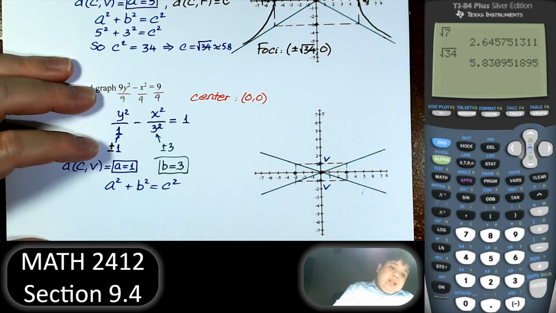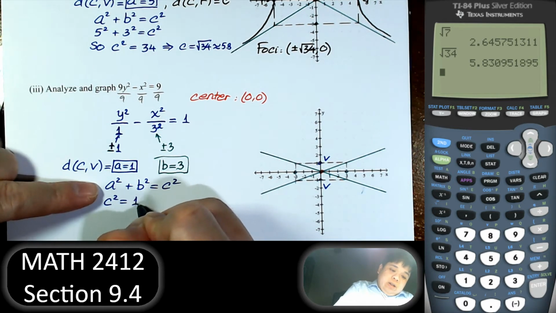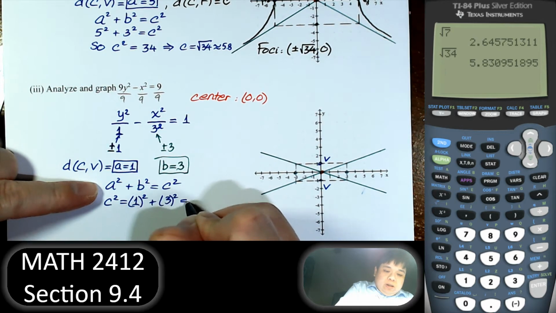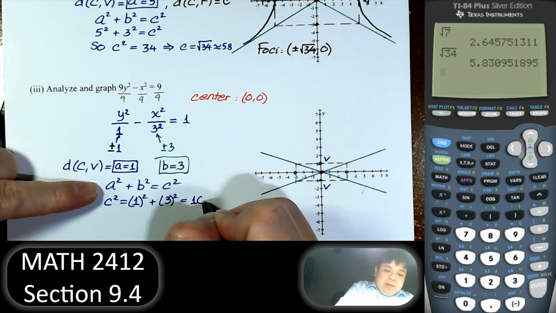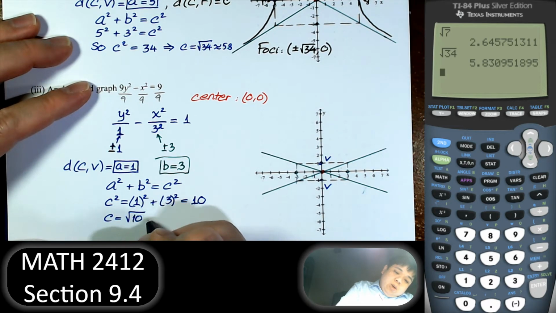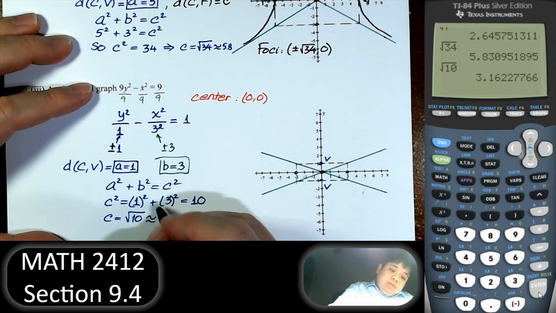So to solve for c, c squared equal to a squared plus b squared, so 10. So c is square root of 10, which is about 3.16.